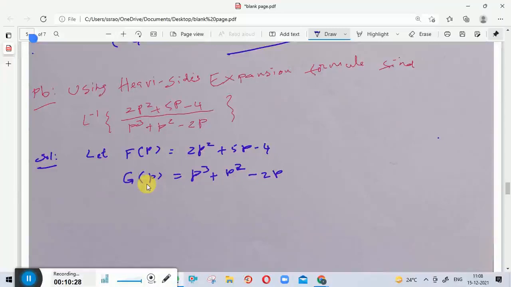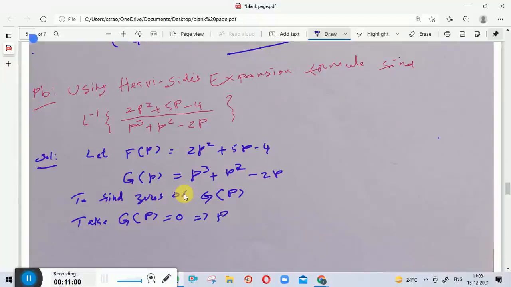At the same time, now we have to find the zeros of g of p. To find zeros of g of p, take g of p is equal to 0. That implies g of p is p cubed plus p square minus 2p is equal to 0.